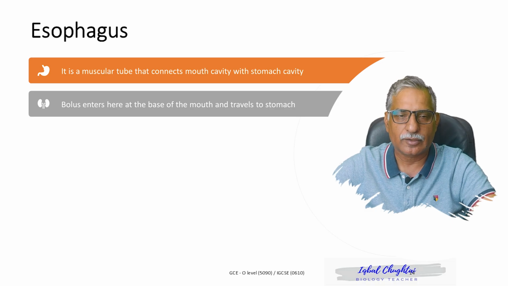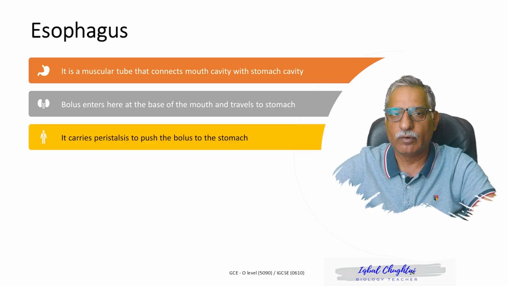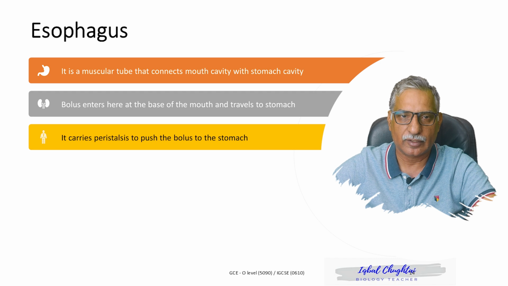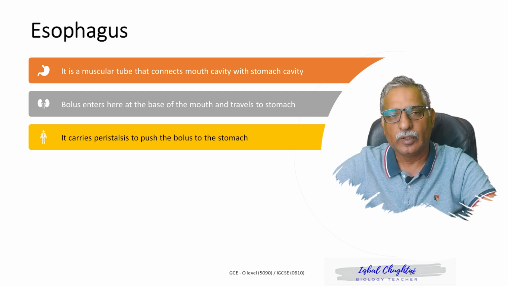The muscles produce a wave of contraction in the esophagus wall, known as peristalsis. How does it happen? When the food enters the esophagus, the muscular wall, which contains two types of muscles, longitudinal muscles and circular muscles, constricts at the back of the bolus and dilates in front of the bolus.